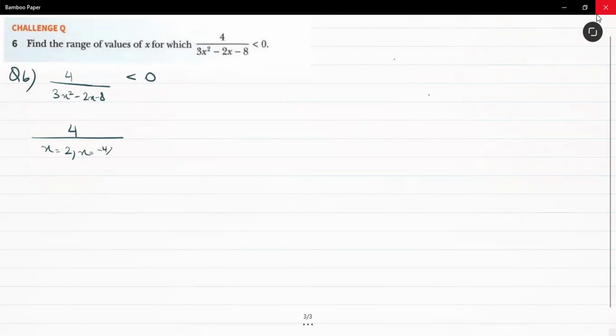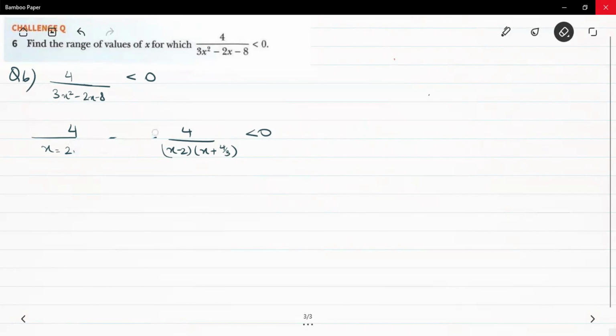And again, if we get these two values, what that means is we are actually getting 4 divided by x minus 2 multiplied by x plus 4 upon 3 is lesser than 0. That's basically what it means. So if you put that into the calculator, we would get these two values as the answer.